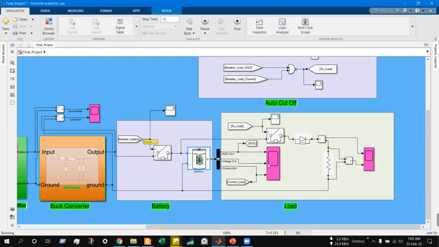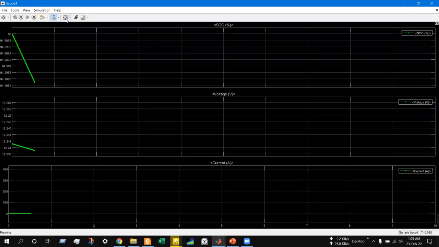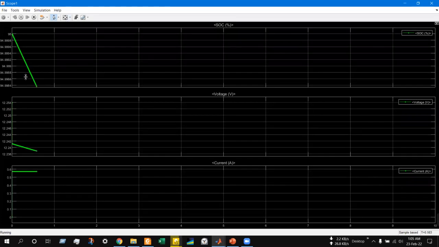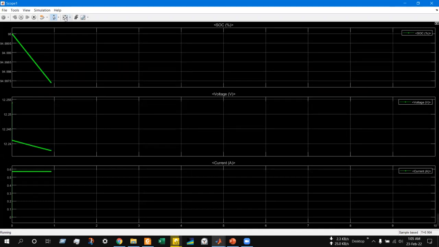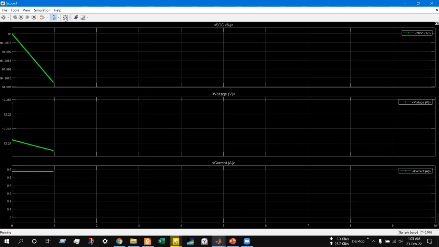That means the discharging part is closed and the charging part is open. If you see the scope, then we will see the battery is discharging slowly from 95% downwards, and its current is between 0.5 and 0.6 amps, and the voltage of the battery is also decreasing. The battery SOC is decreasing here.